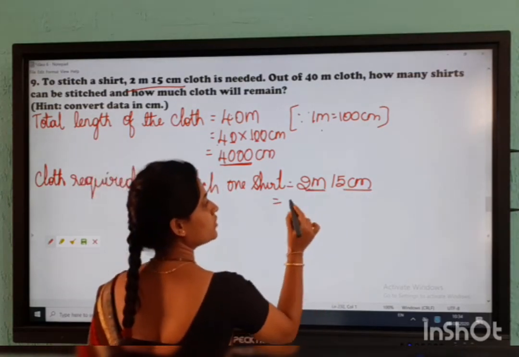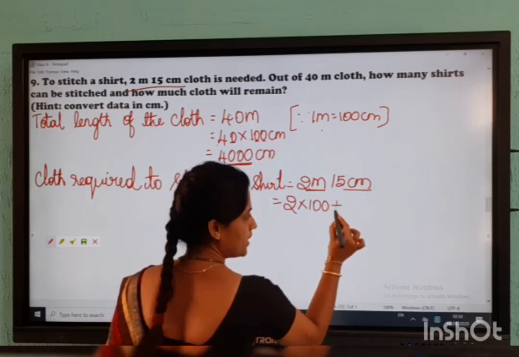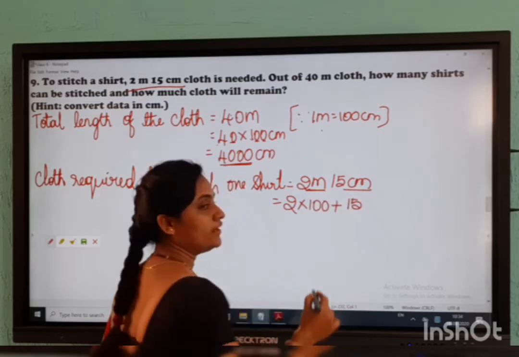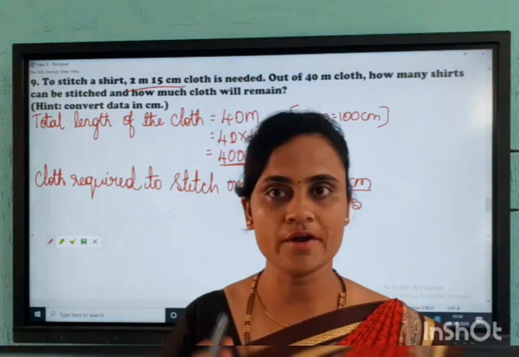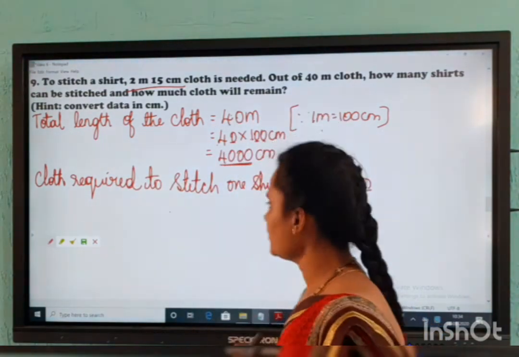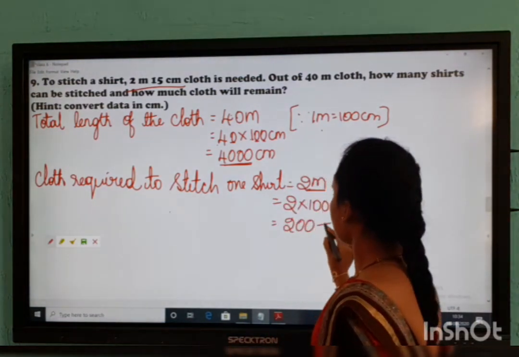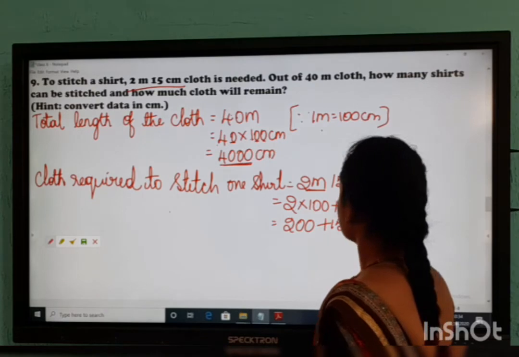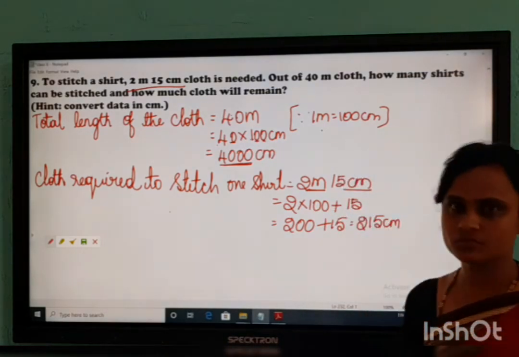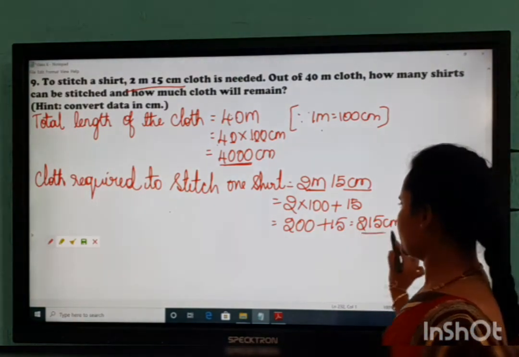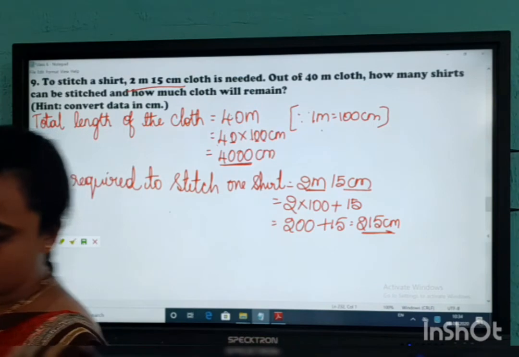This we should convert: 2 into 100 plus 15. You have learned the conversion, meter into centimeter, centimeter into meter, already in the previous class. Right, children? So 2 into 100 is 200 plus 15 equals 215 centimeter. To stitch one shirt, how much do we require? 215 centimeter.